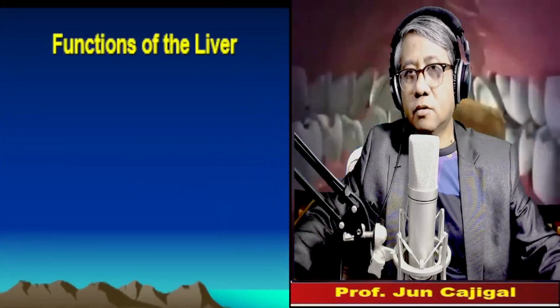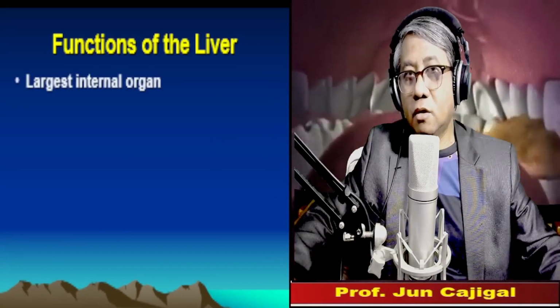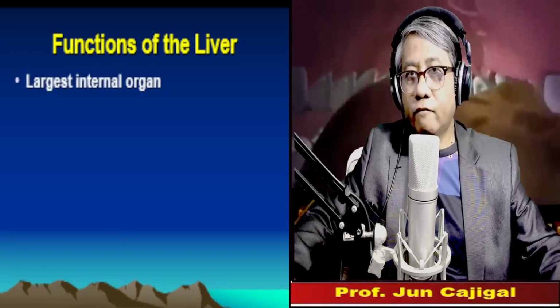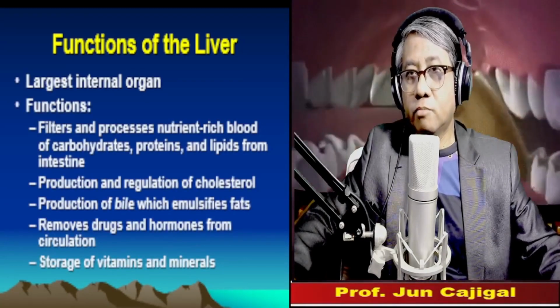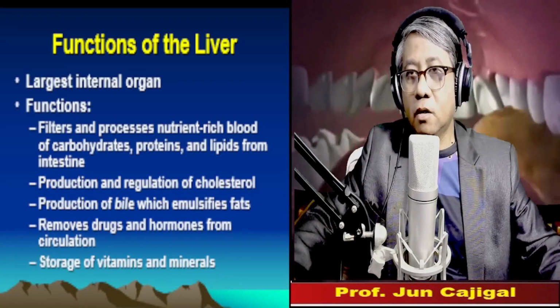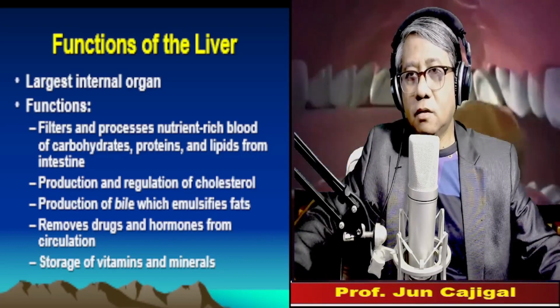Alright, so I hope you have learned a lot about the digestive system through that video. Now, before we end with this online lecture on the digestive system, let us point out the importance of the liver in the digestive process. Now, the liver is considered the largest internal organ, and the liver performs the following functions. Number 1, the liver filters and processes nutrient-rich blood of carbohydrates, proteins, and lipids from the intestine.